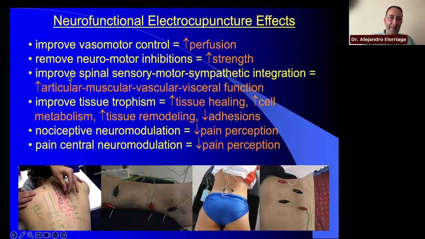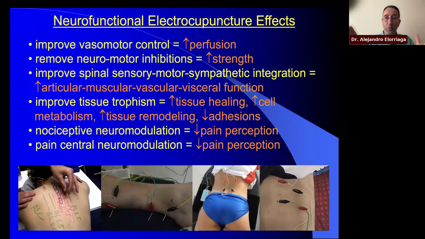So the mere fact that we send signals that are non-painful, also signals from high level receptors and fibers, thick myelinated fibers, makes the segment pay attention to those and helps modulate that integration of signals that is an integral part of the functionality of the segment.